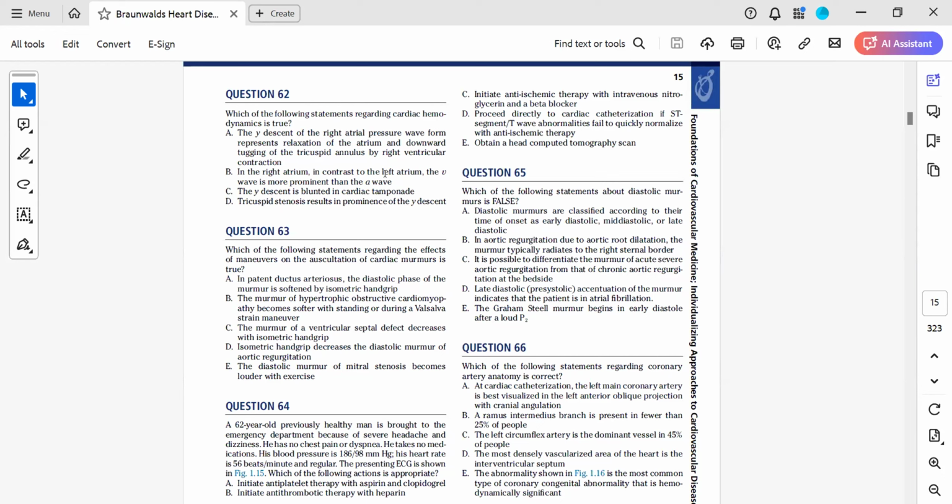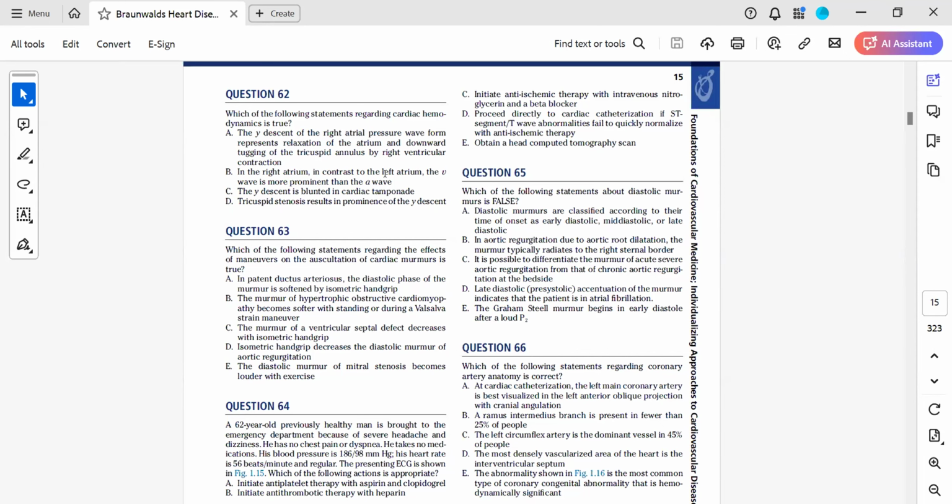Okay, there will be increased venous return. Not sure. Does it decrease the diastolic murmur of AR? I don't think so. I welcome comments.